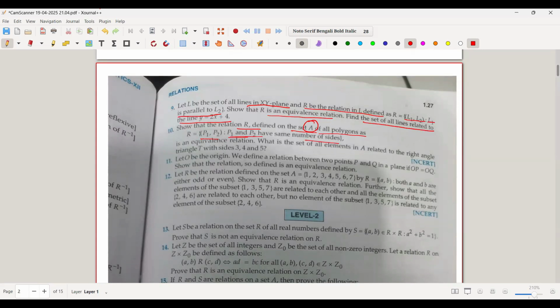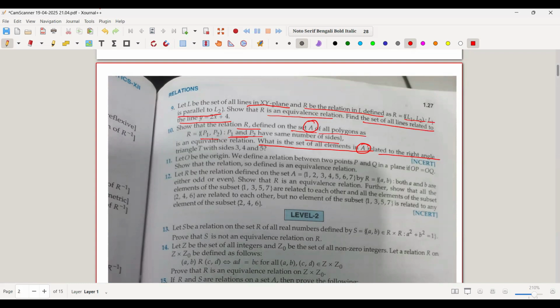This is also easy, because if P1 and P2 have the same number of sides, then P2 and P1 have the same number of sides. That means (P1, P2) belongs to R and (P2, P1) belongs to R. So all are the same.